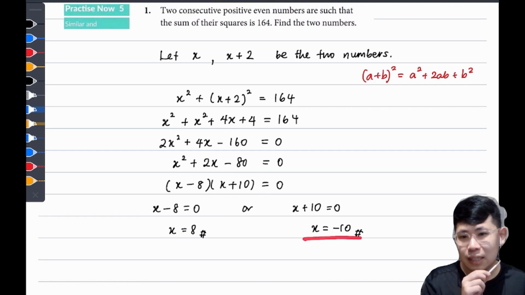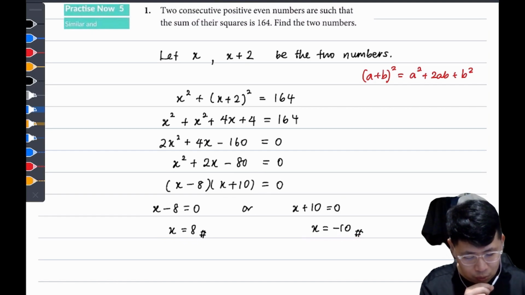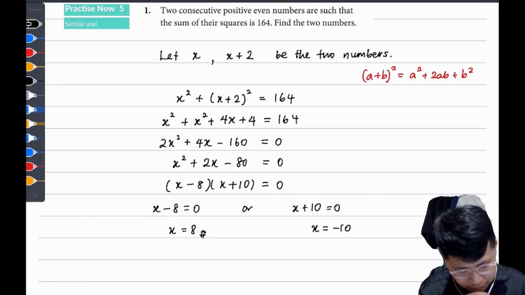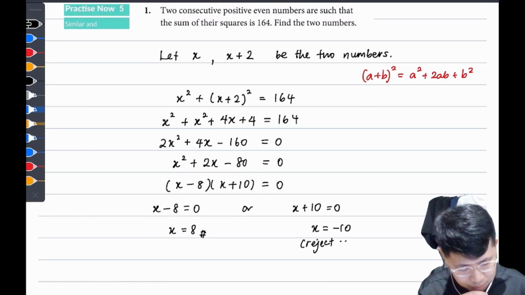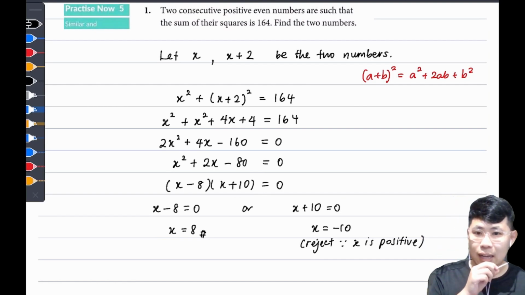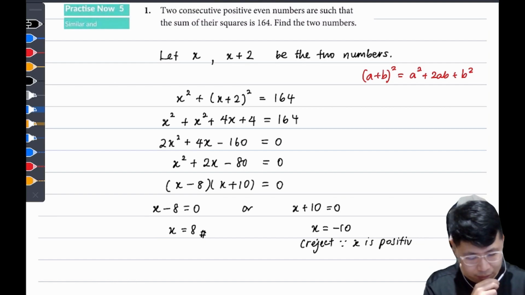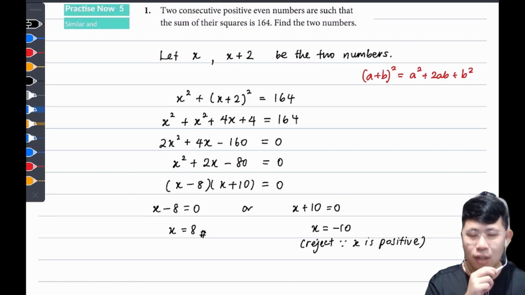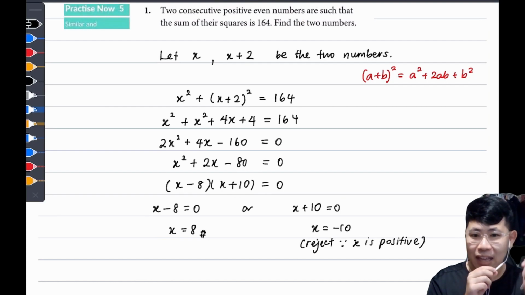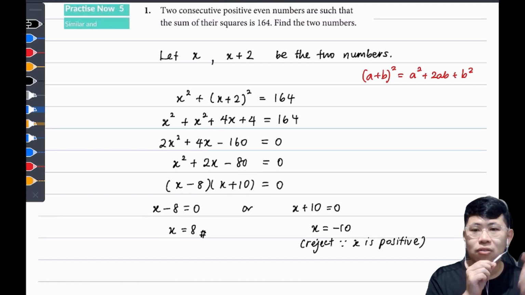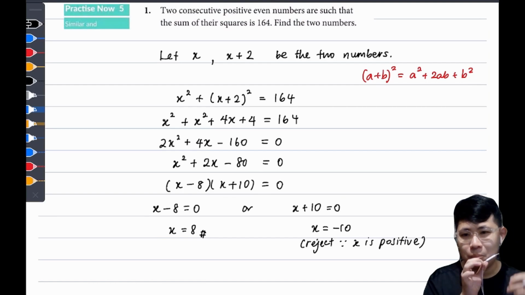This number is negative, so we need to reject it. The reason we reject is because x is a positive even number, already given in the question. So x equals negative 10 cannot be our solution for this question, even though we solved it.